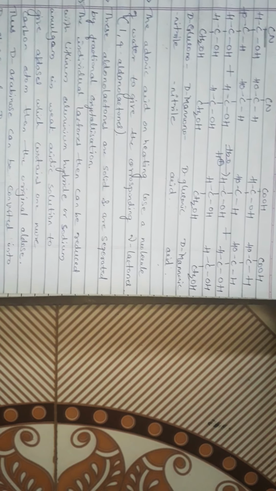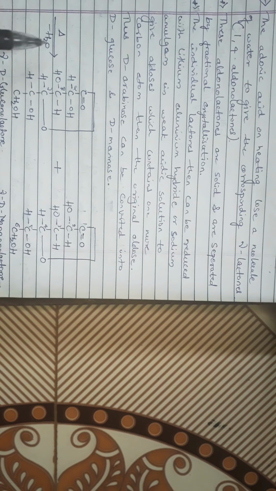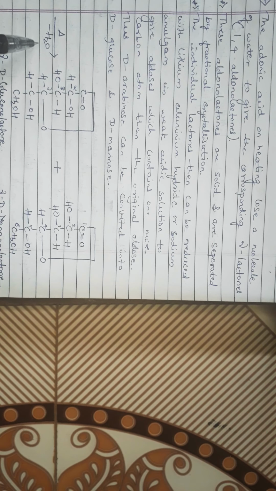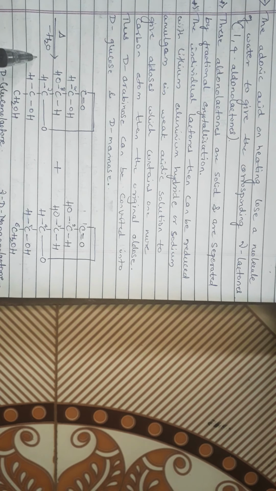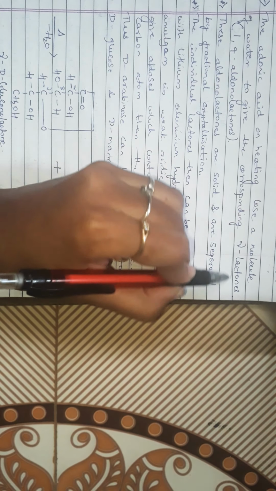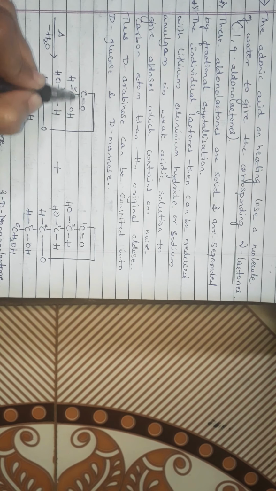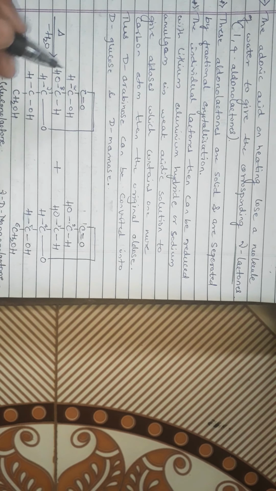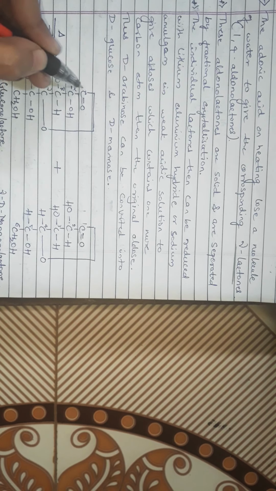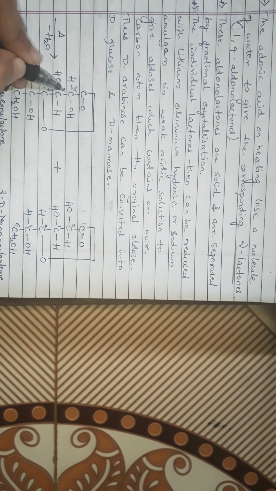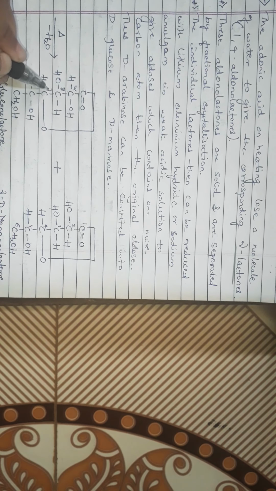When these are heated, they lose water molecules and give the corresponding lactones. It is called an alpha lactone. Why? Because here you can observe this is the functional group C double bond O. The carbon atom present next to the functional group is called alpha. The next one is beta, and the further next one is gamma.